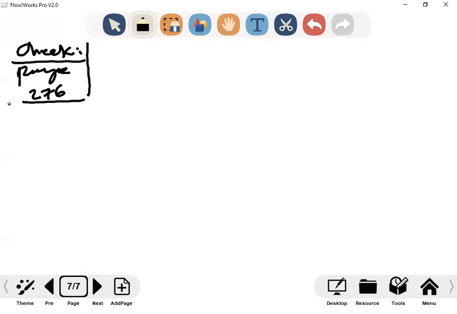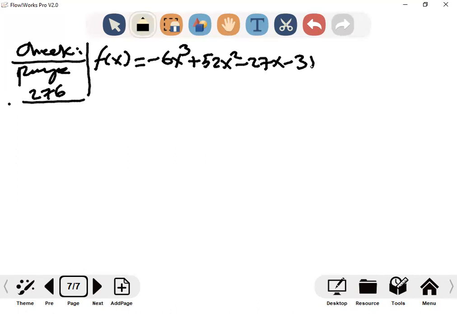So I have f of x equal negative 6x power 3 plus 52x power 2 minus 27x minus 31, right? Is the function correct?